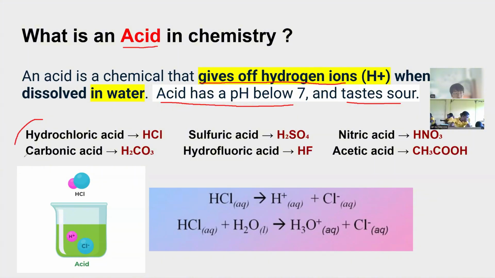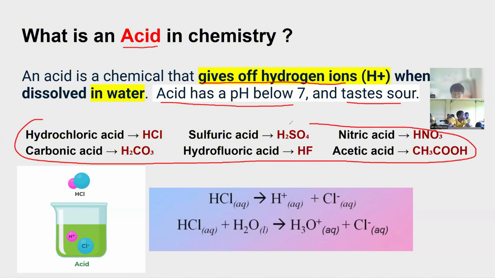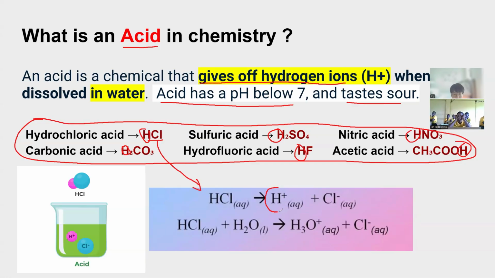And here are some examples of acids. You can notice there are some similarities. It has an extra hydrogen attached in almost every single one here. You can see that HCl, for example, gives off a hydrogen ion and a chloride ion when it's in water.